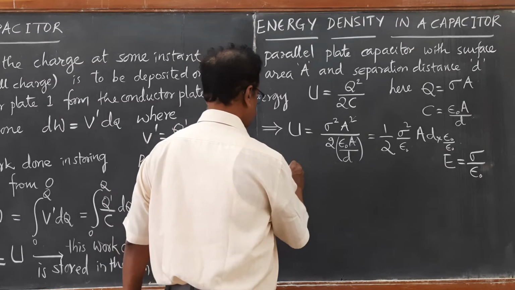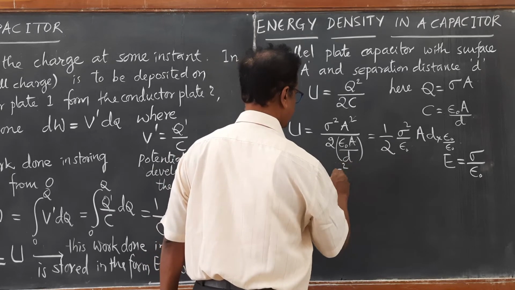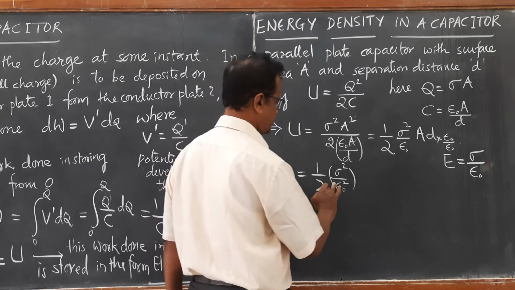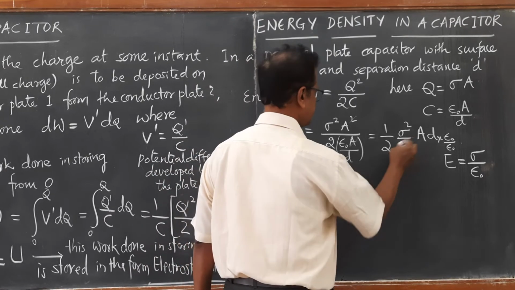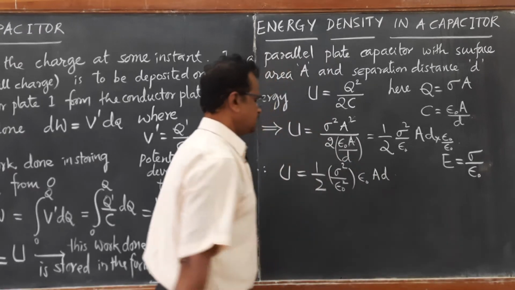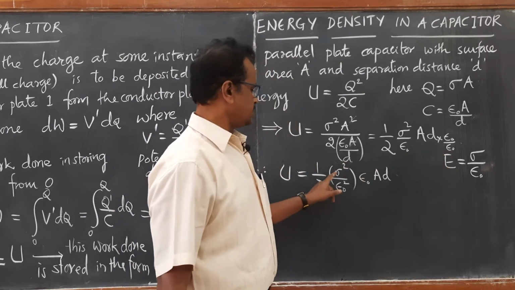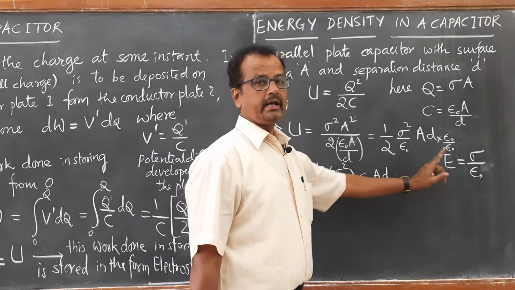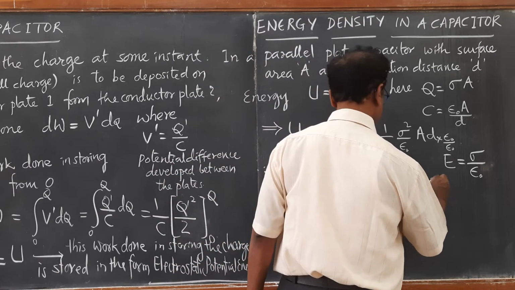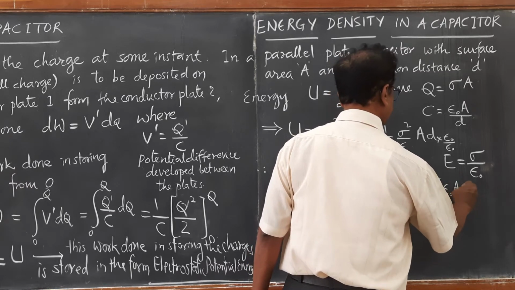Therefore, U is equal to half sigma square upon epsilon naught square, into epsilon naught into AD. Sigma square upon epsilon naught square, I can substitute as E square, where E is the electric field. Therefore, half E square into epsilon naught AD.